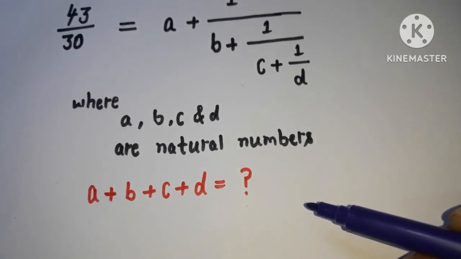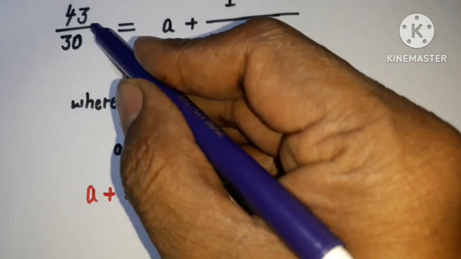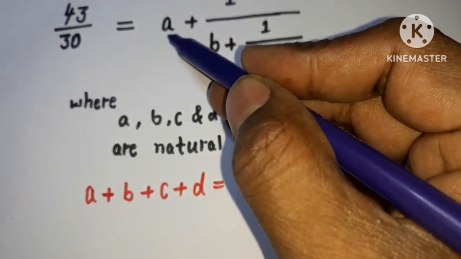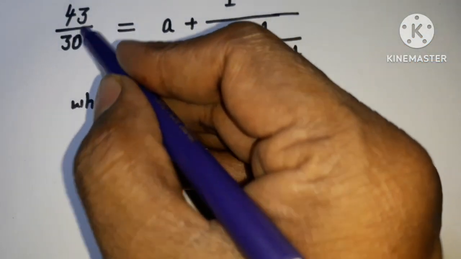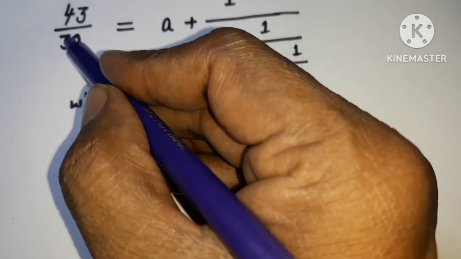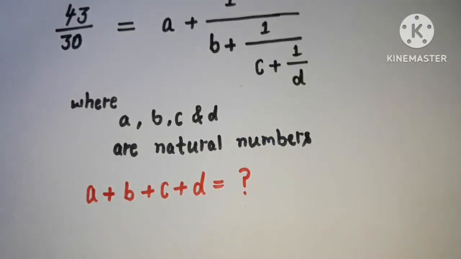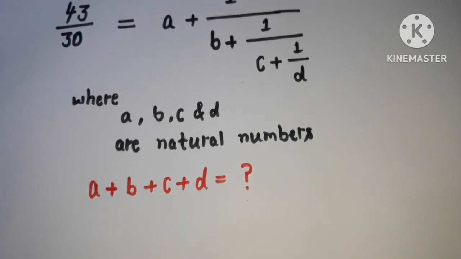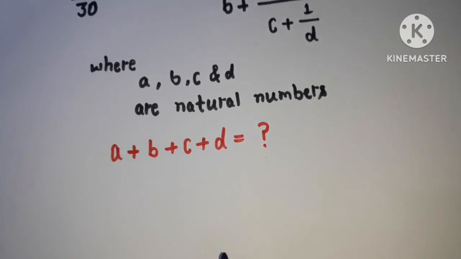How can we proceed? We are just going to change this fraction into a natural number and a rational number. So we'll convert 43 by 30 into a natural number and a fraction.